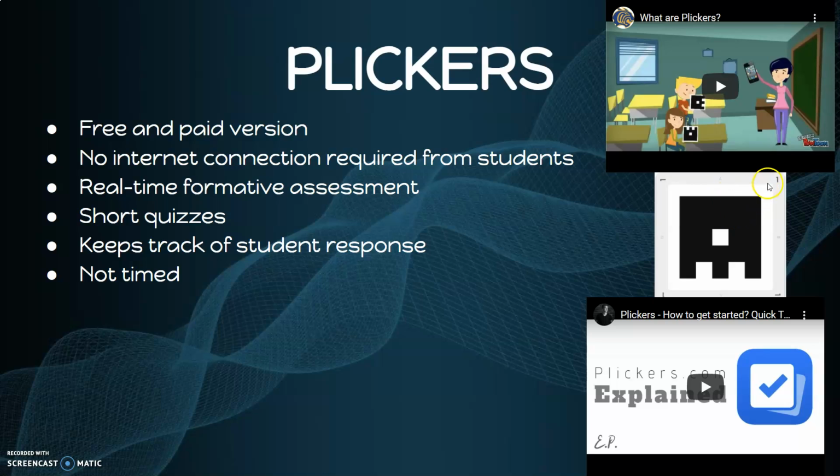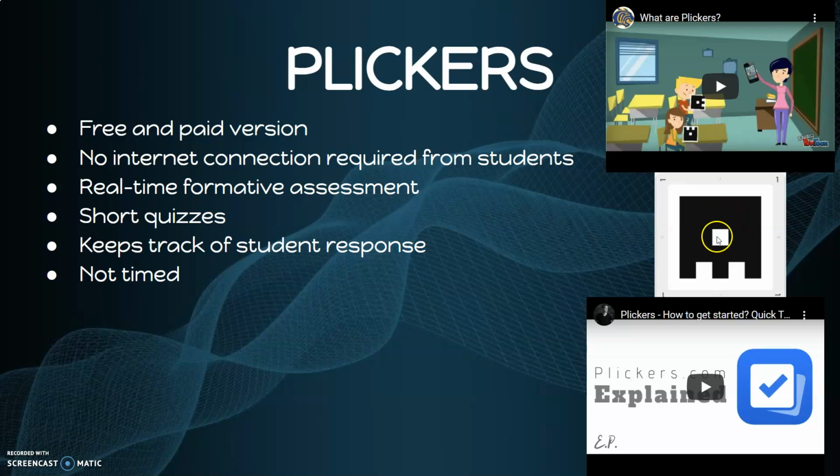Each Plickers card has a number. That is the student number that they get. And then on each corner, there are letters A, B, C, or D. When you put in your question on the board or on your tablet, whatever it is, the teacher does require an internet connection.